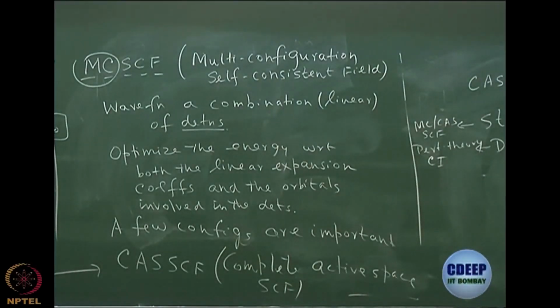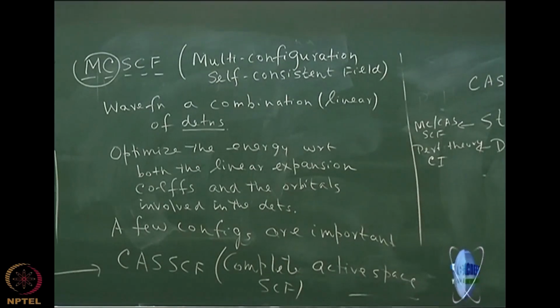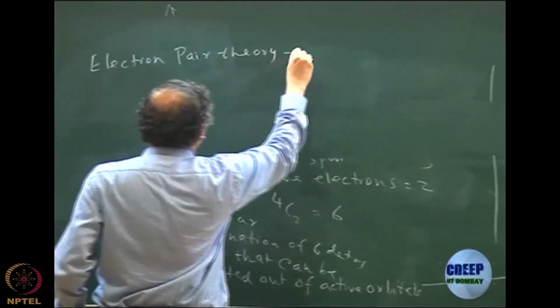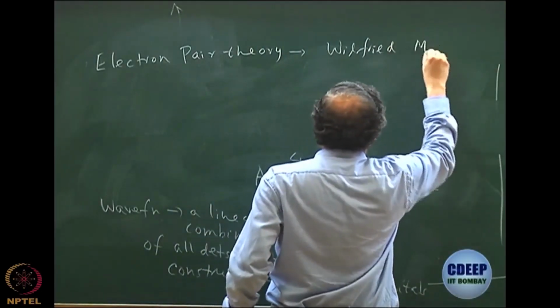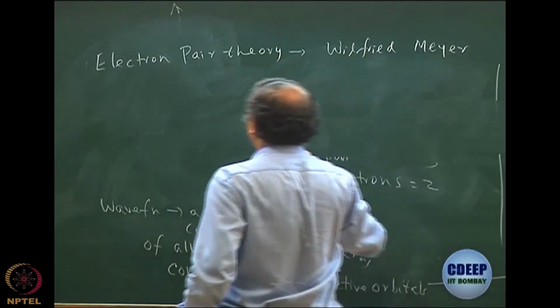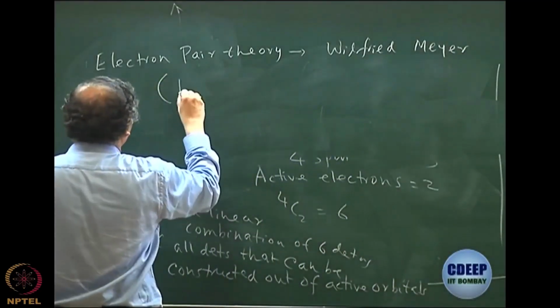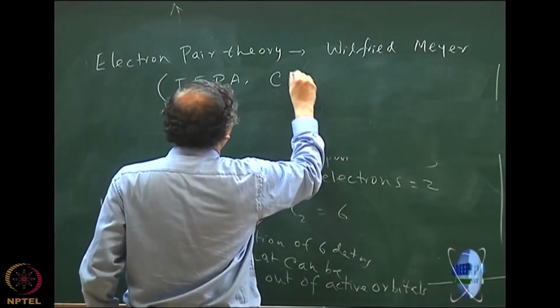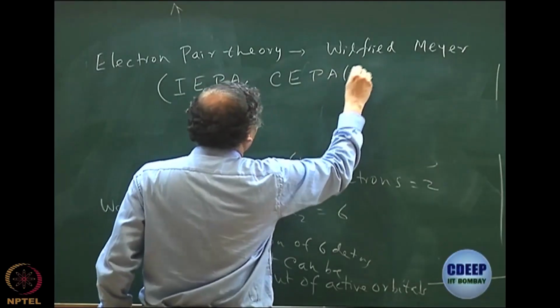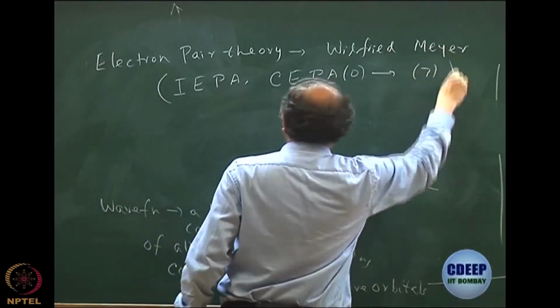And there used to be also a theory which is almost dead today, but it is a very important theory, which is called the electron pair theory, which actually started from Sinanoglu's work and then was eventually taken up by Wilfred Meyer as electron pair approximation, and there were several approximations, independent electron pair approximation and different versions of coupled electron pair approximation from CEPA 0 to CEPA 7.